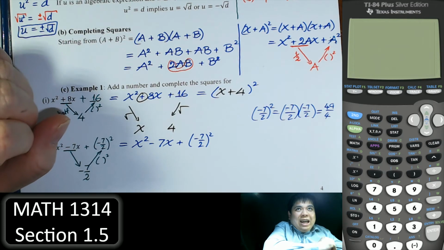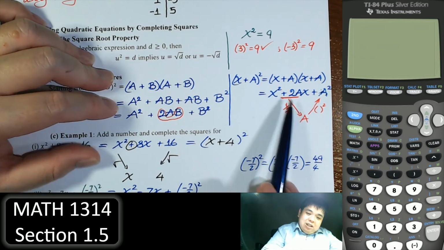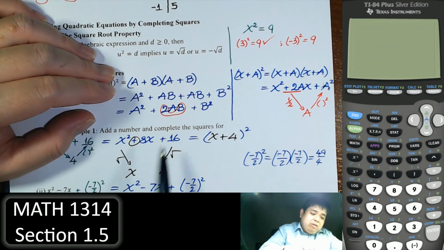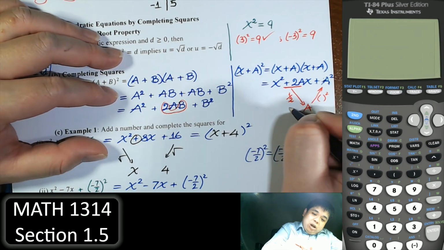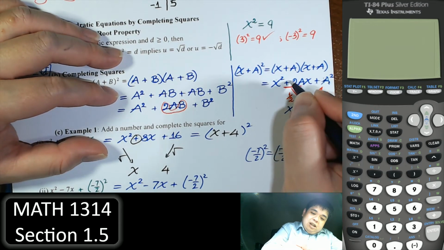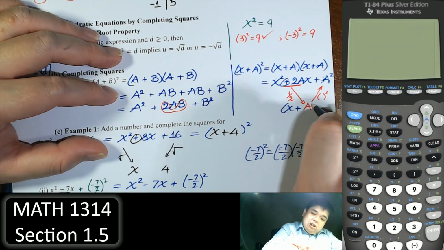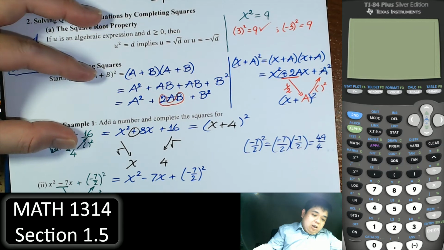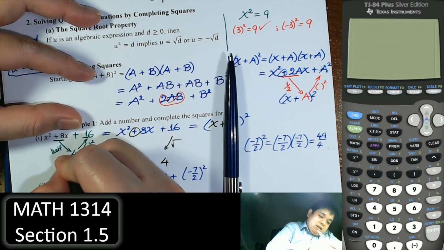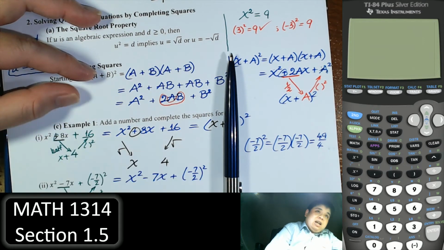So even when we write it like this, we don't even need to take the square root. We just take this x squared, so that's going to have an x here, and the sign is a plus. Just like this, we have the 4 here, right? All we do is just have the x, and then that sign, x plus 4.